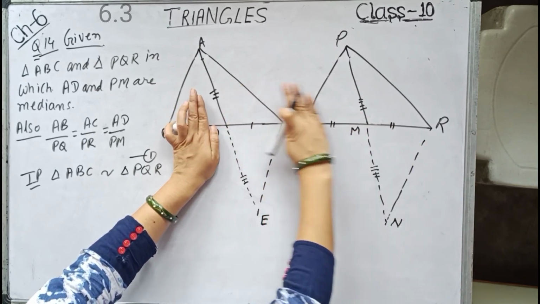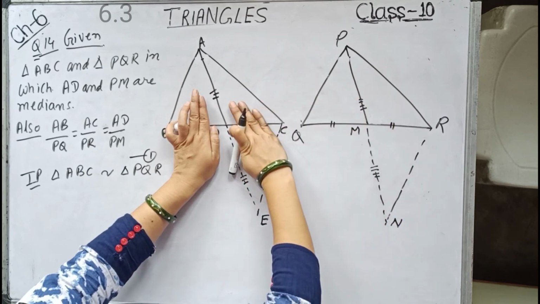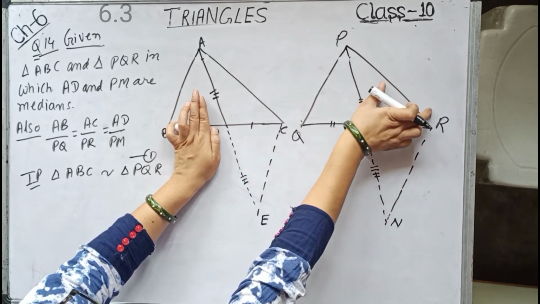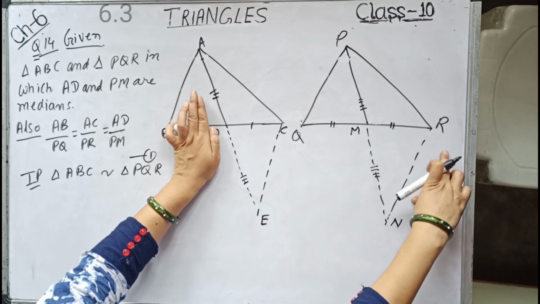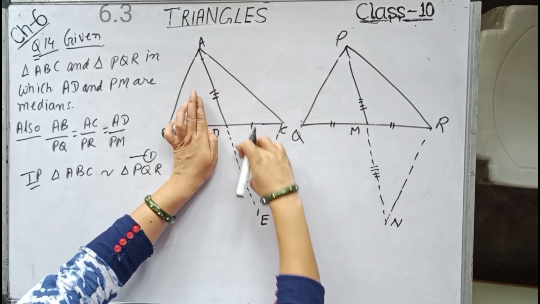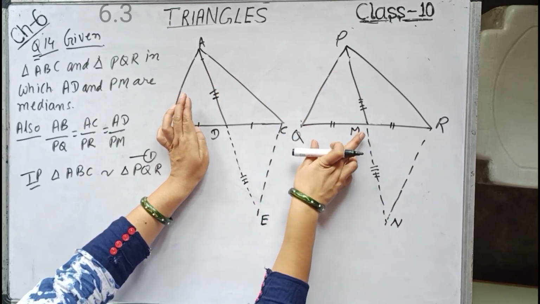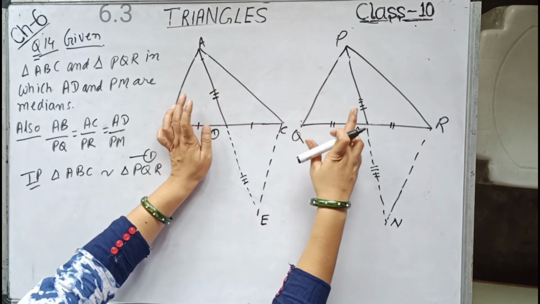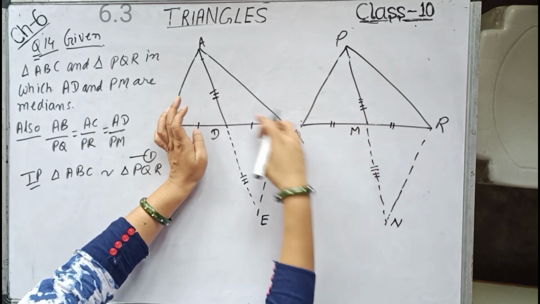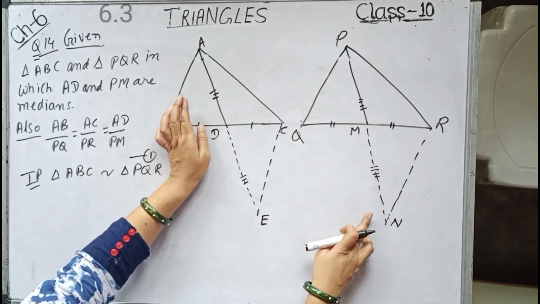So in these two bigger triangles, we are now getting a relation that AC by PR equals CE by RN equals AE by PM, because AD by PM is given equal, so twice AD by twice PM we can write, which is AE by PM.